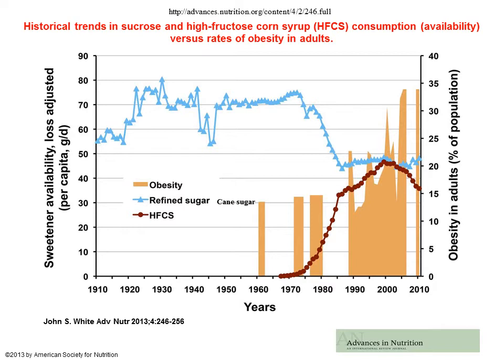And they have added the instances of obesity. So as you can see, as obesity rates increase, the consumption of refined sugars decreased, and the consumption of high fructose corn syrup increased. So this data suggests that utilizing high fructose corn syrup increases the obesity rate.